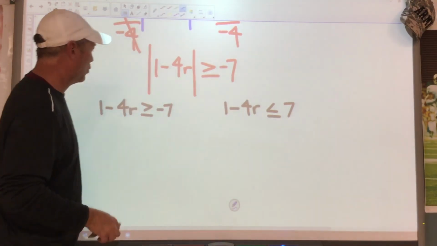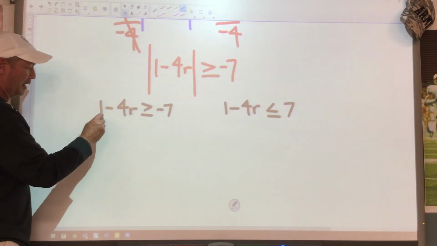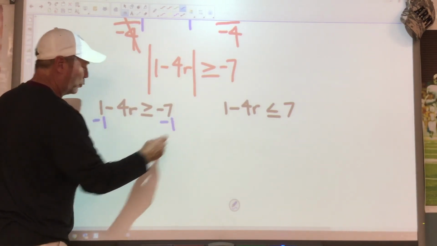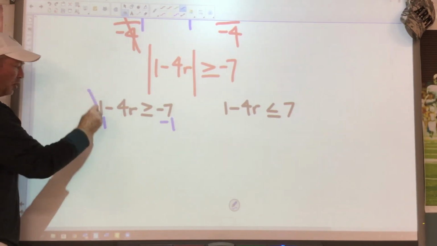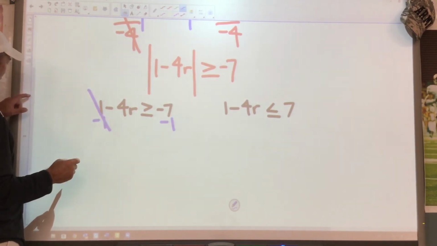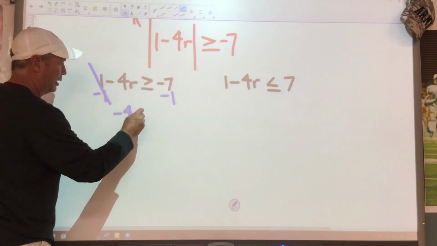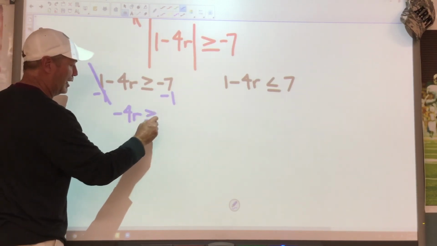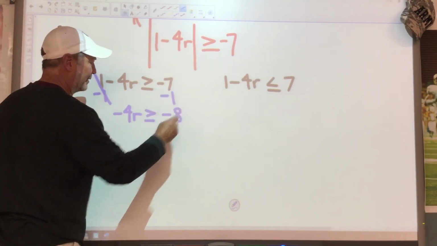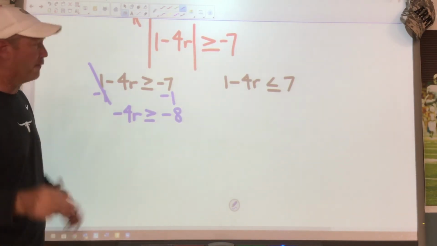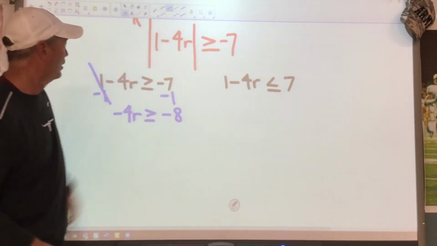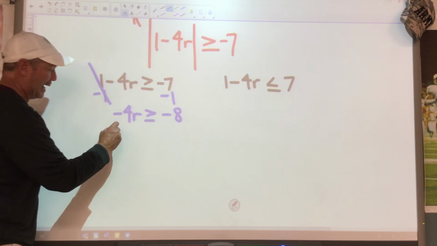We're going to solve the inequality. We're going to say -1 minus 1. This will cancel. -4r is greater than or equal to -8. Be careful. We're going to divide by -4.